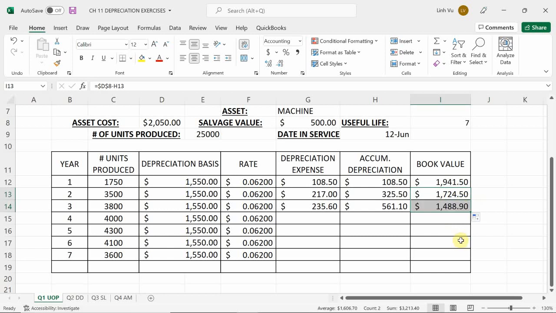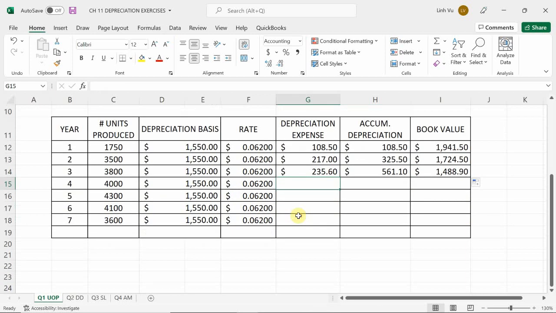Okay. So we need to do the fourth one here. We got 400 by the rate, 0.06200. 400 by 0.06200. I got 24.8.